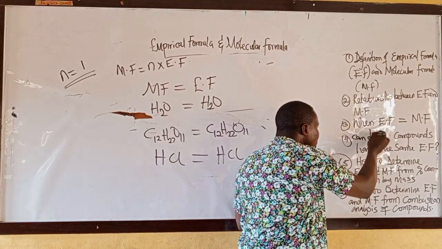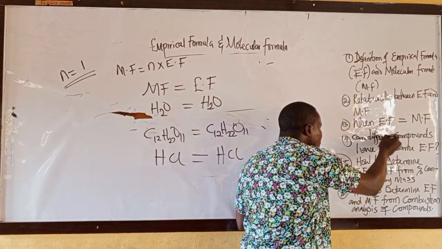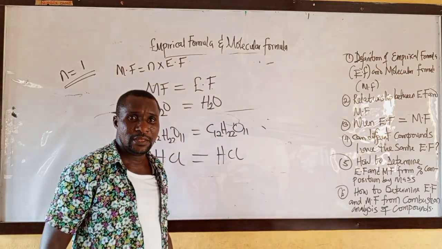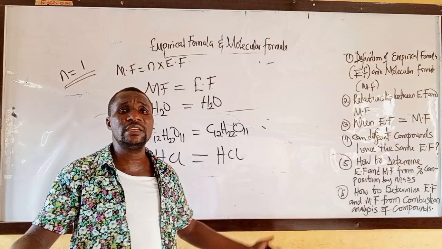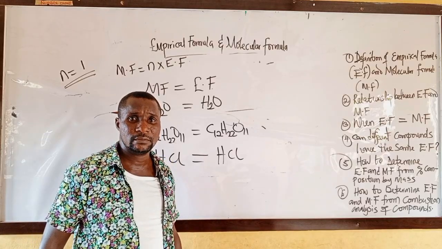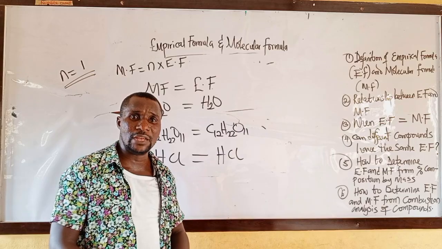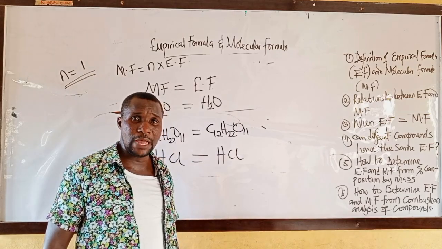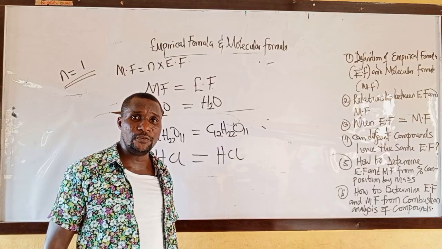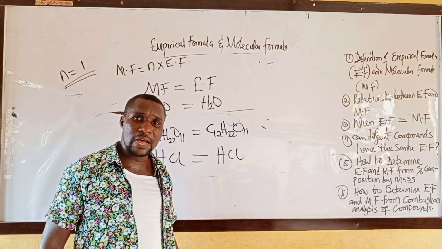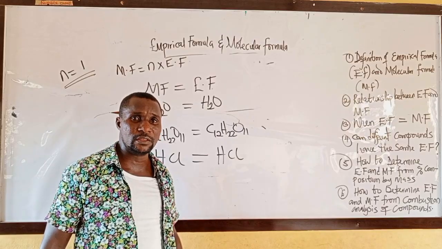Can different compounds have the same empirical formula? Yes. You can have 2, 3, 4 compounds having the same empirical formula. That question came out in 2015. You will see, they are going to use the question now from JUPEB. They say, which of the following pair of compounds have the same empirical formula? We can look at the question.